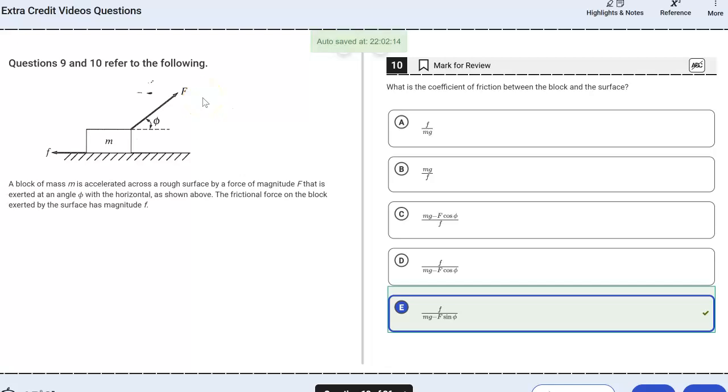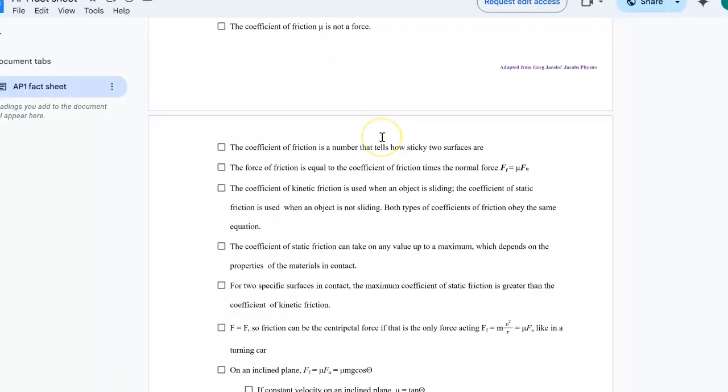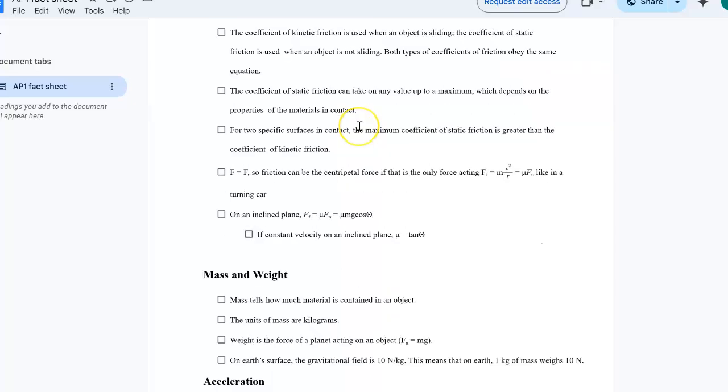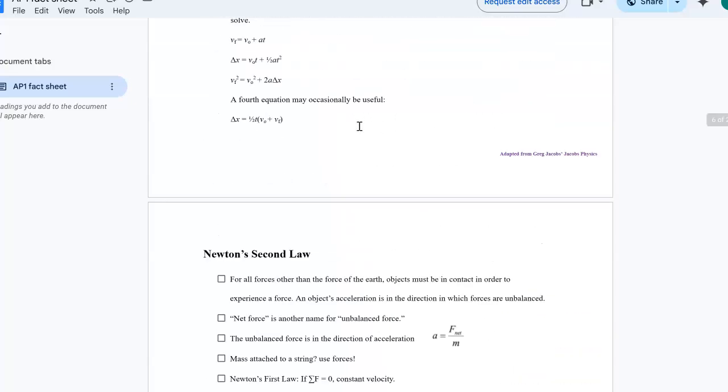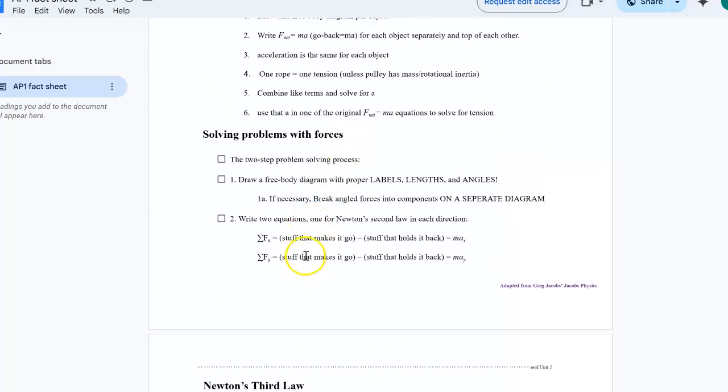Hi. Now I will be walking you through the fifth multiple choice question, and it refers to the same image as the previous question. So we're still going to need our physics facts from the previous problem, in which we emphasize the importance of breaking Newton's second law into components.